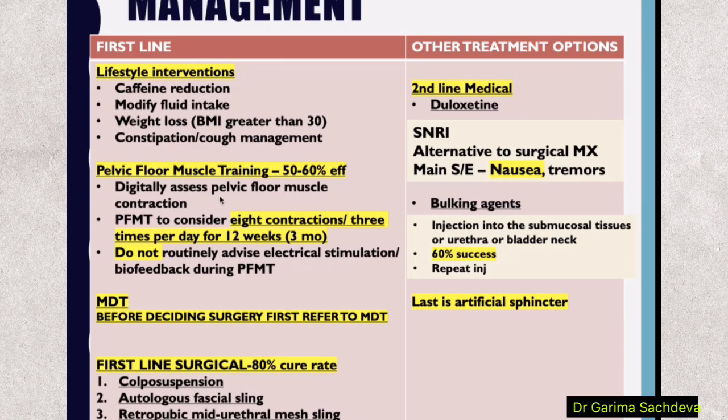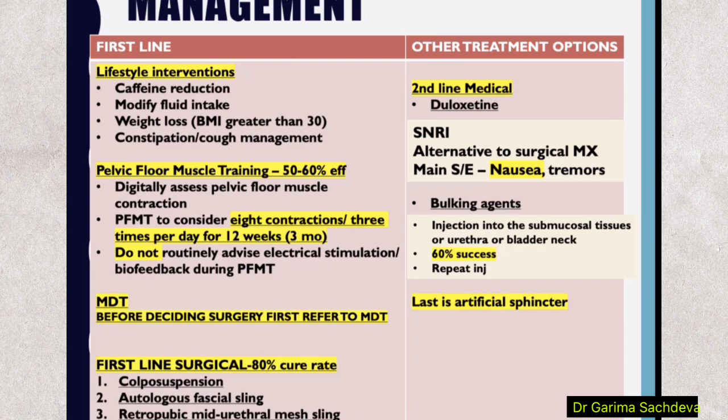Then after lifestyle modification, the first thing you tell them is pelvic floor muscle training. It is effective in 50 to 60% of patients. You digitally assess pelvic muscle contraction, how strong it is. Sometimes in postmenopausal women the muscles start becoming weak, and that is the reason for this leakage.